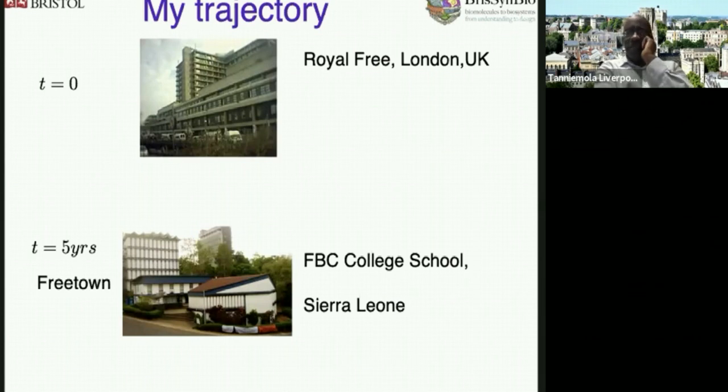One of the beauties of time translation invariance is that you can choose your initial point. So at T equals 0, Royal Free Hospital in London. At 5 years, I was at the college school, FBC College School in Freetown, Sierra Leone.